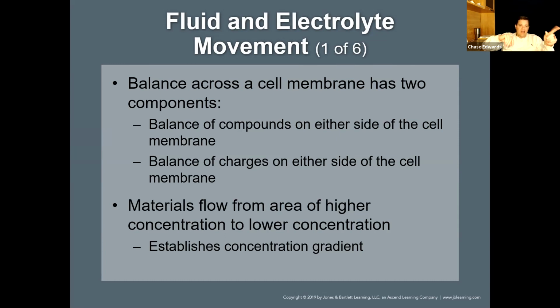The second being balance of charges on either side of the cell membrane. So, as it says in the slide, materials flow from an area of higher concentration to one of lower concentration, establishing what's called a concentration gradient. The process of flowing down a gradient depends on whether the cell membrane will allow the material to pass through it.